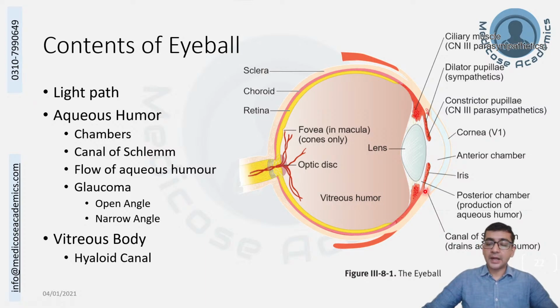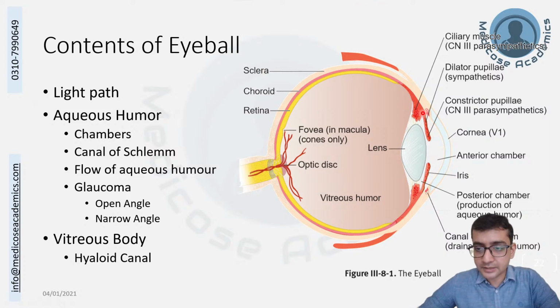And then there is open angle glaucoma, where there may be blockage in the trabecular network, or blockage in the canal of Schlemm, or surplus production in the ciliary bodies. It is usually controlled medically, and there are some surgical procedures too, but we will stop right here, not going into the detail in anatomy.